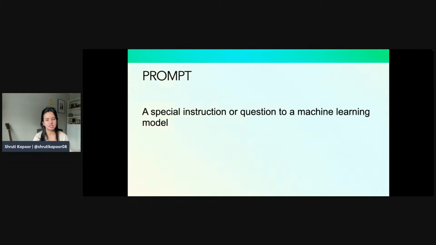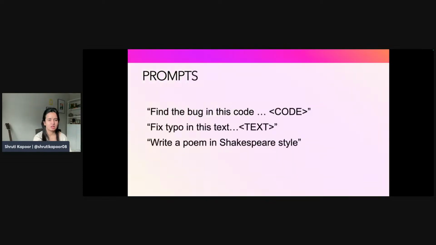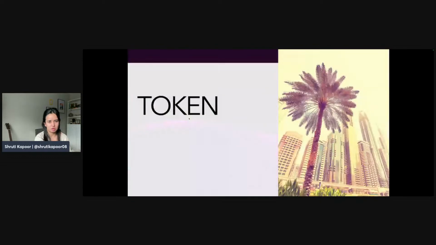In our case, that could be, what is the biggest country? Or, generate an itinerary for me. That's the prompt. It doesn't have to be simple English language stuff. You can also send code to ChatGPT and say, find the bug in this code, or fix the typo in this. That is also a prompt.